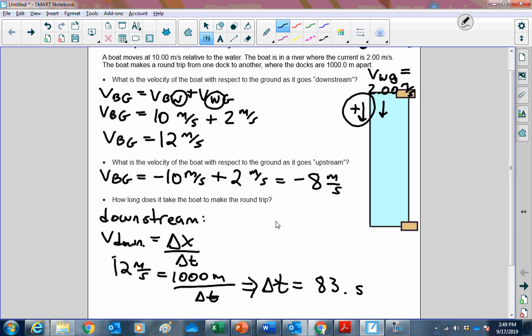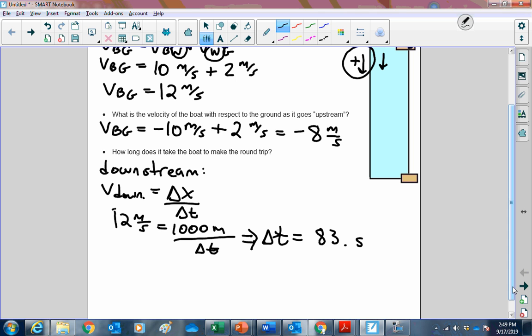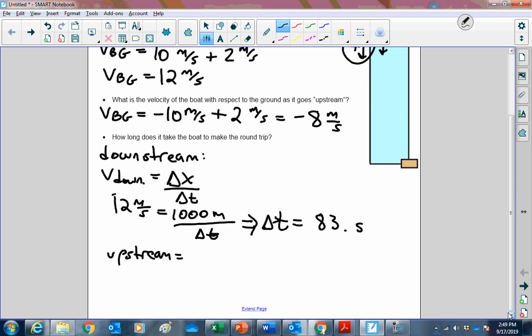And then for the upstream portion, I'm not really worried about the negative, because I could say the displacement for that portion is also negative. Or I could just take absolute values, since I'm looking for distance rather than displacement.